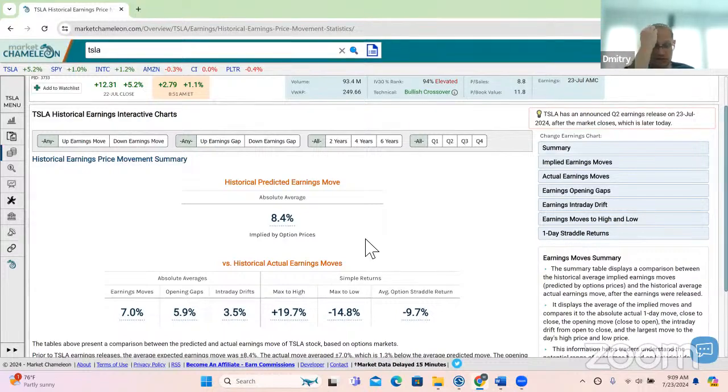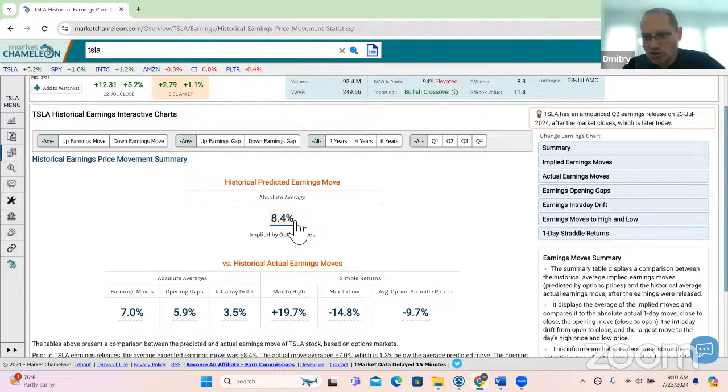So if we look at the options straddle and ask where that straddle typically closed right before Tesla reported earnings, this is telling us that on average, the straddle implied an 8.4% move in either direction.